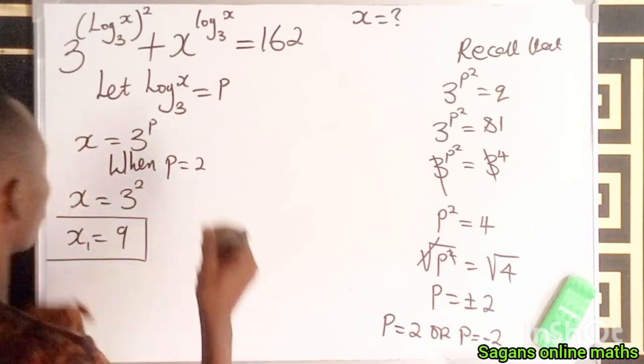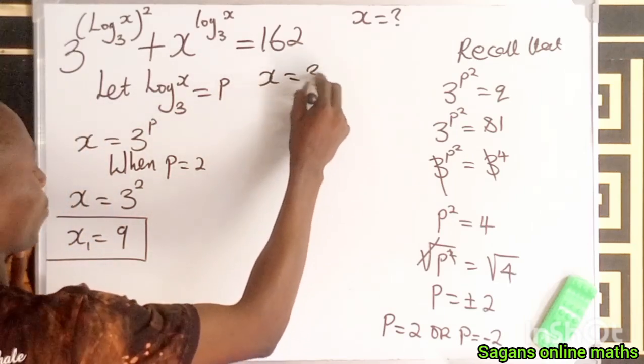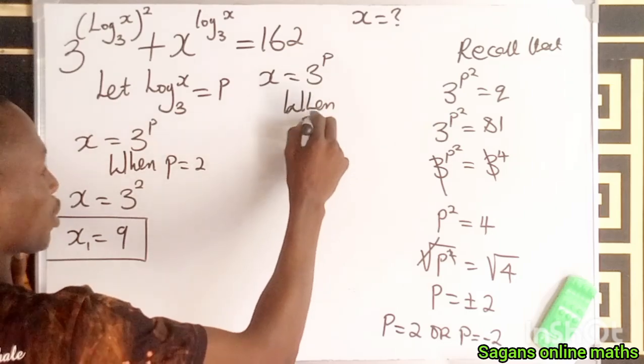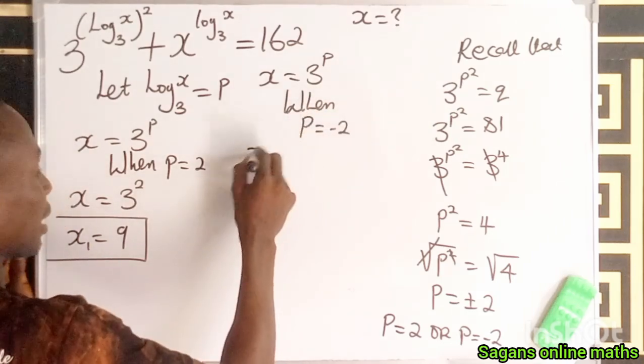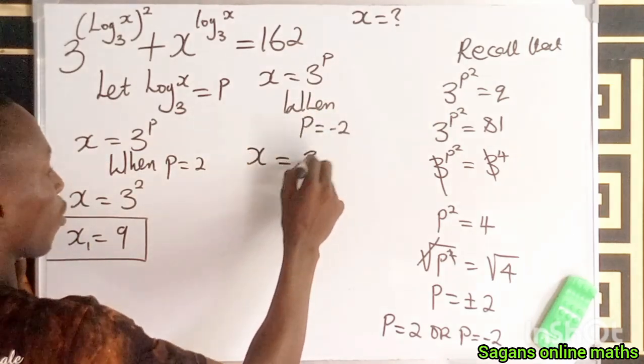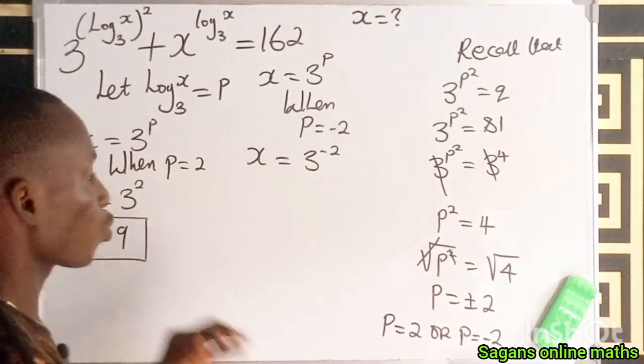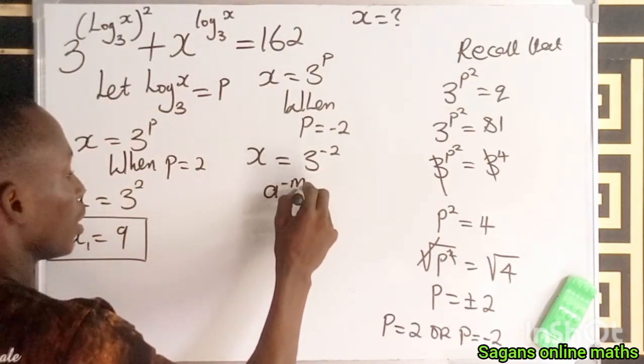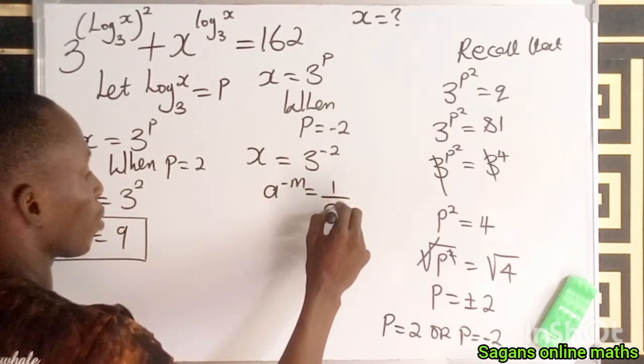When p is minus 2, we know that our x is equal to 3 to the power of p, so x will be equal to 3 to the power of minus 2. Now this takes us to one of the properties of indices: a to the power of minus m is equal to 1 divided by a to the power of m.